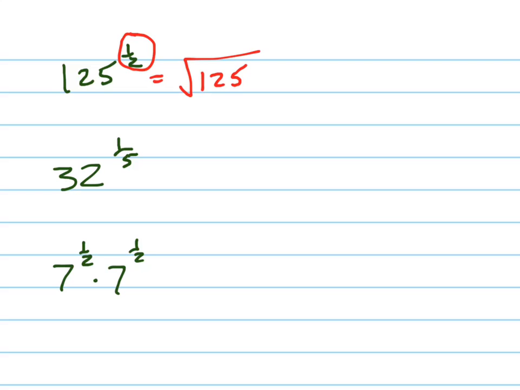Okay, so what is the square root of 125? We take 125 and break it up into its product of primes. This is how I like to do it. So that's 5 times 5 is 25, and 25 times 5 is 125.